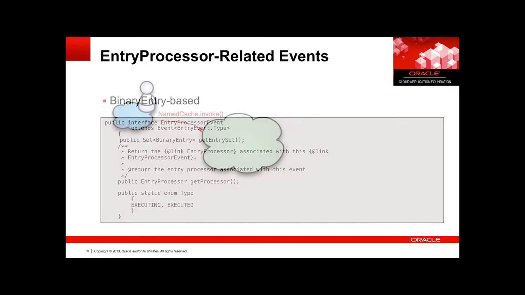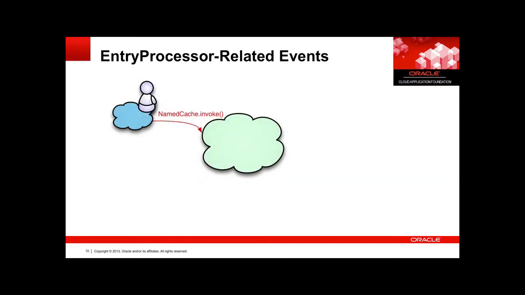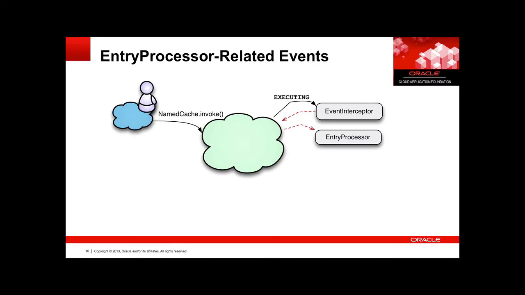So let's take a look to see what this looks like end to end. Here we have the client, and this time we're issuing the name cache invoke. That gets sent to the storage node that owns the key that this entry processor is being executed against, and it then issues the executing to the event interceptor. The event interceptor receives the entry processor event of type executing, and it then responds.